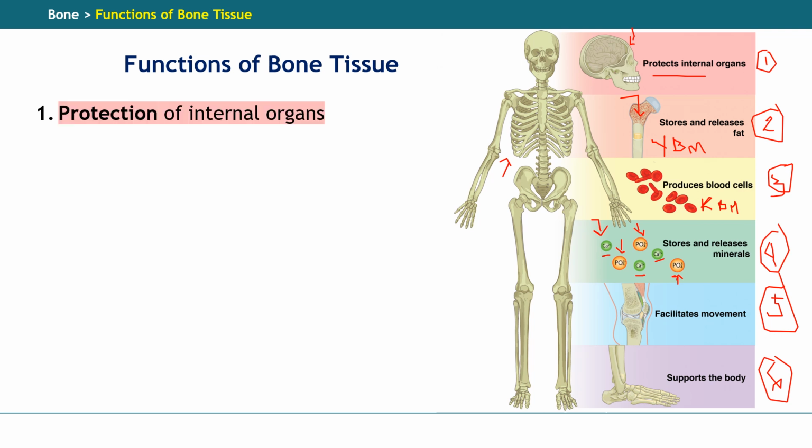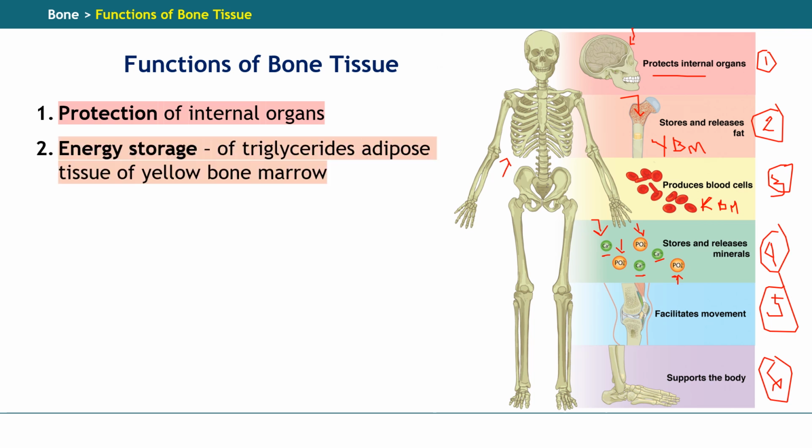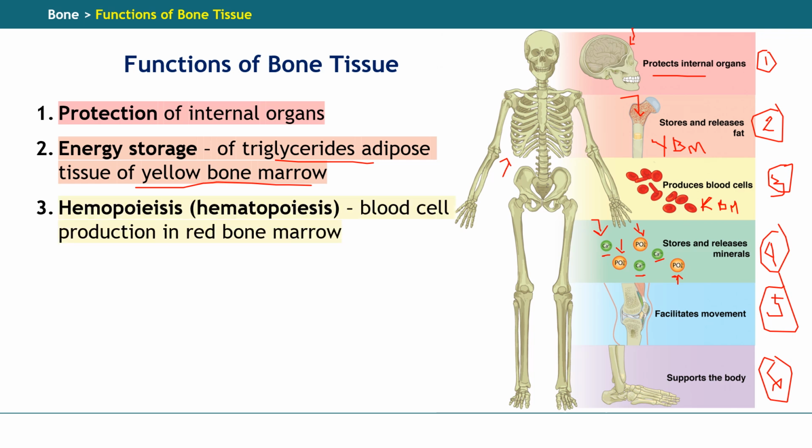So remember, first one, protection of internal organs. Second one, energy storage. And remember, you have these triglycerides in the adipose tissue. Take notes of this one, yellow bone marrow, that will be very important, and we will talk in the lecture about it. The third one is the production of blood cells, also called hematopoiesis, and that is the production of blood cells in the red bone marrow.